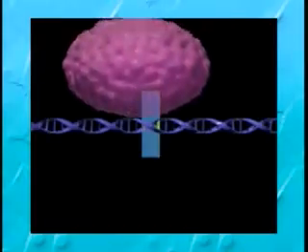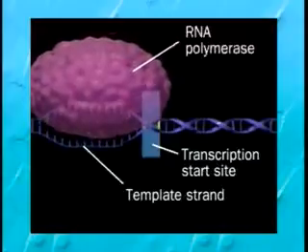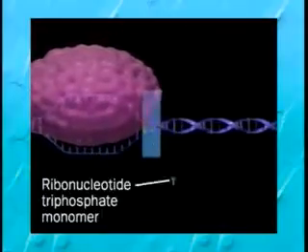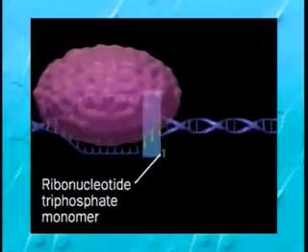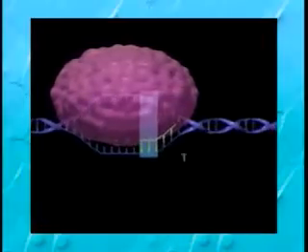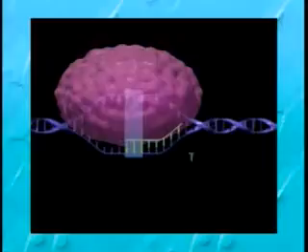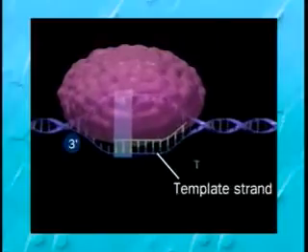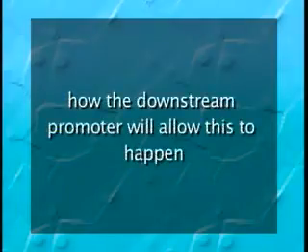Normally, the RNA polymerase binds to promoter covering about 60 nucleotides and is within the minus 50 to plus 30 region and initiates the RNA synthesis. Now, the question arises how the downstream promoter will allow this to happen. It is possible that the RNA polymerase binds to promoter, then moves back to transcription start site and starts RNA synthesis.